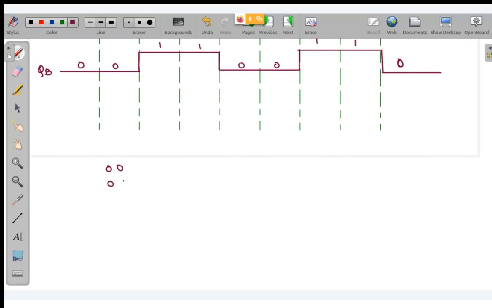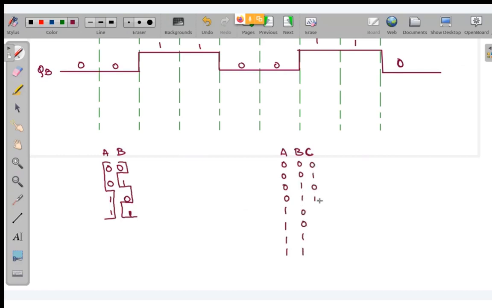Look over here. We know that the LSB toggles the most, whereas the MSB toggles the least. This is for a 2-bit counter. Similarly, if we have 3 bits, this will be 0, 0, 0, 0, then 1, 1, 1, 1. This is 0, 0, 1, 1, 0, 0, 1, 1.